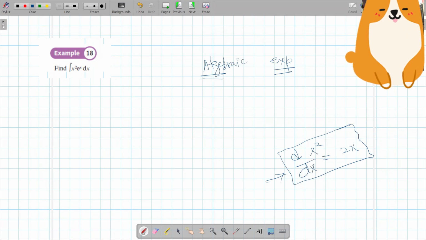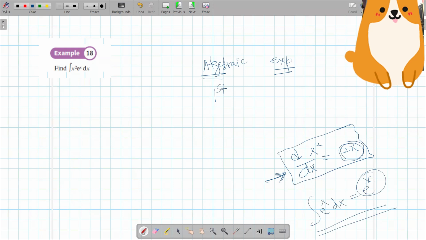For the exponential function, the derivative and integration are both the same, so it is never reduced. Whether you differentiate or integrate it, it remains the same. But whenever we differentiate an algebraic function, it reduces its degree. So algebraic should be taken as the first function and exponential as the second function.